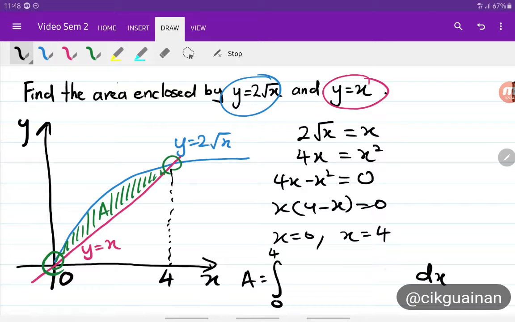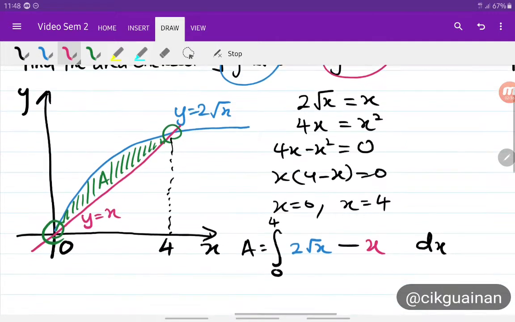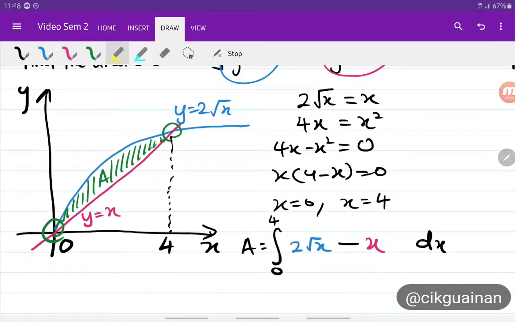With respect to x means upper curve minus lower curve. The upper curve is the blue one, which is 2 surd x, and then we minus the lower curve, which is x itself. Make sure everything has the same variable. All are x's, so we can continue.